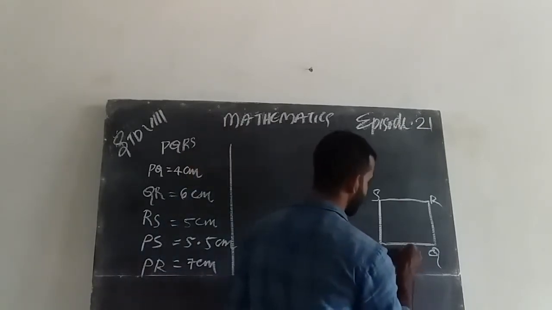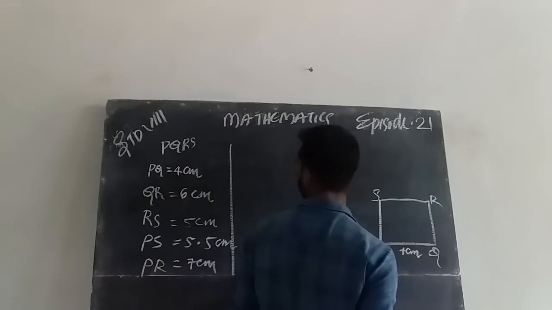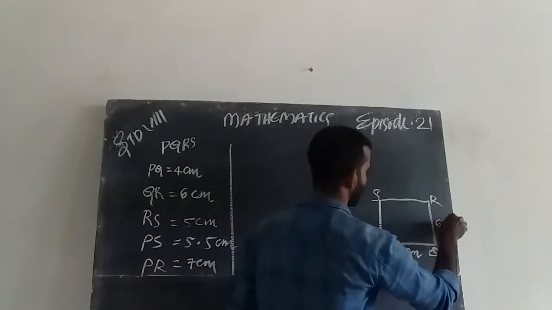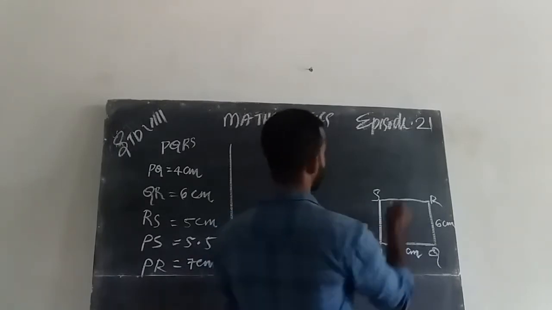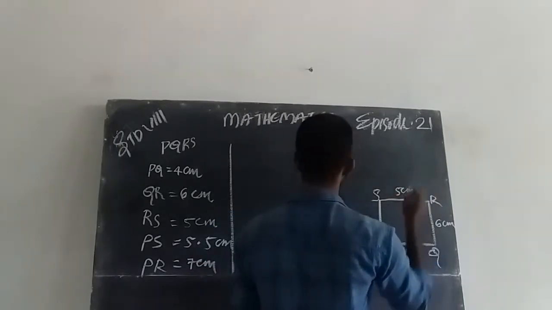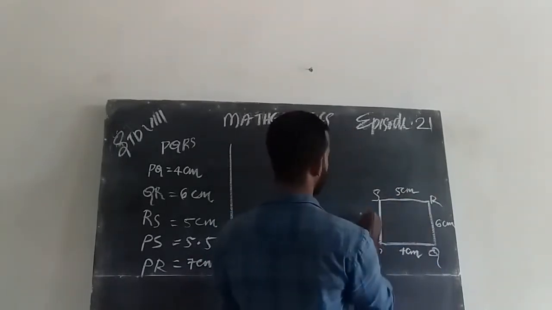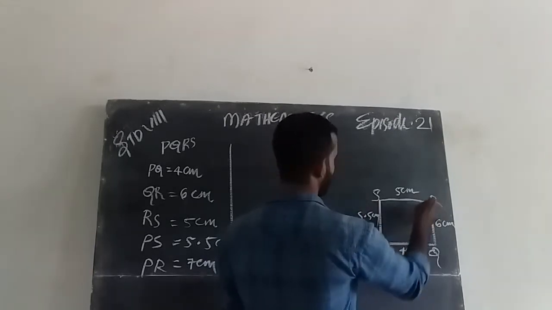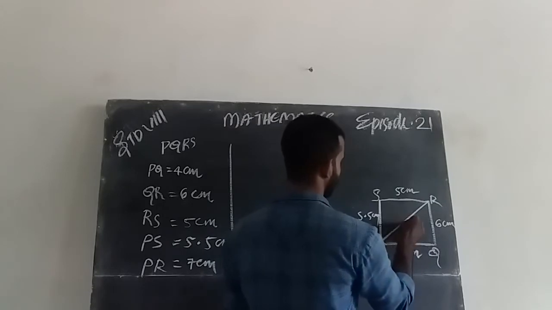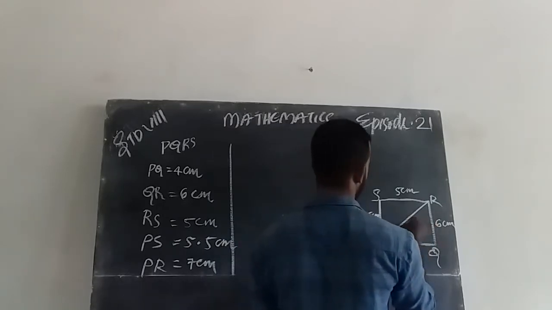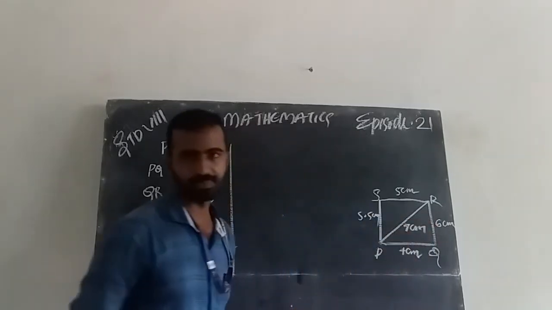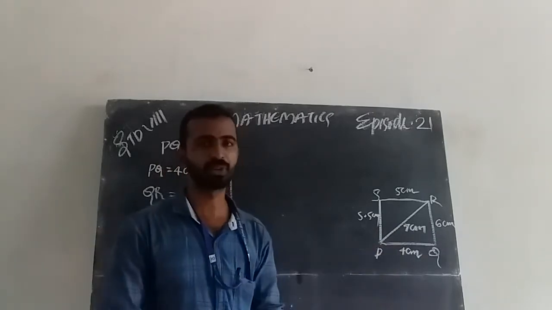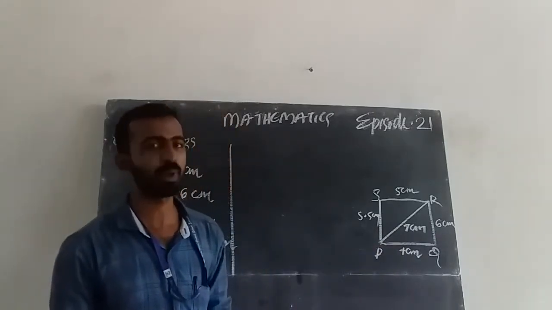PQ is 4 cm, QR is 6 cm, RS is 5 cm, PS is 5.5 cm, and PR is 7 cm. This is our rough figure for planning.